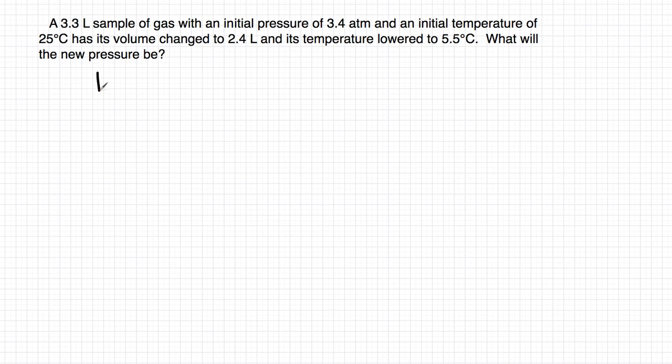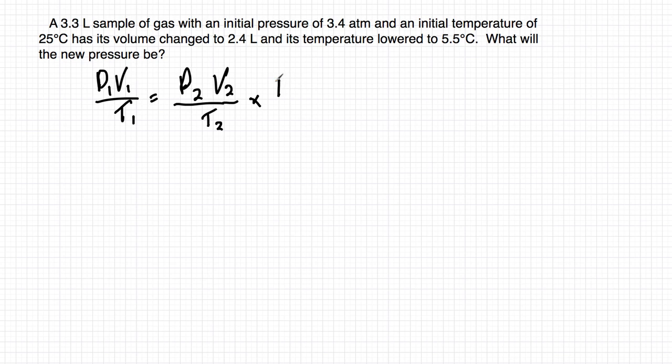So we've got P1 times V1 over T1 is equal to P2 V2 over T2. And we're being asked to figure out what the new pressure is, so we need to get P2 off by itself.